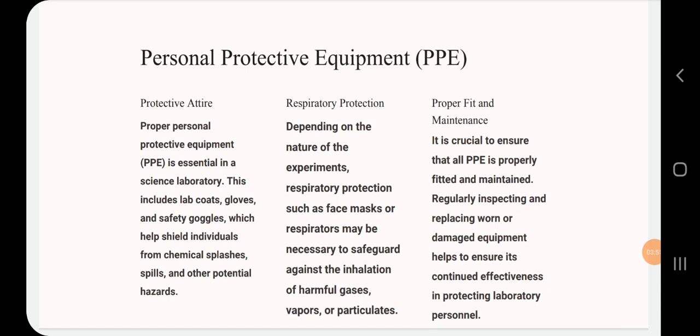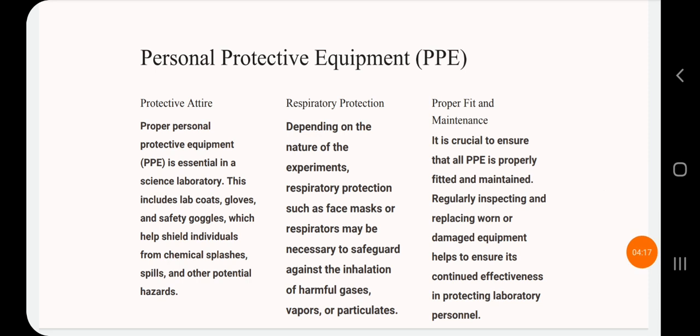Respiratory protection. Depending on the nature of the work, respiratory protection, such as face masks or respirators, may be necessary to safeguard against the inhalation of harmful gases, vapors, or particulates.